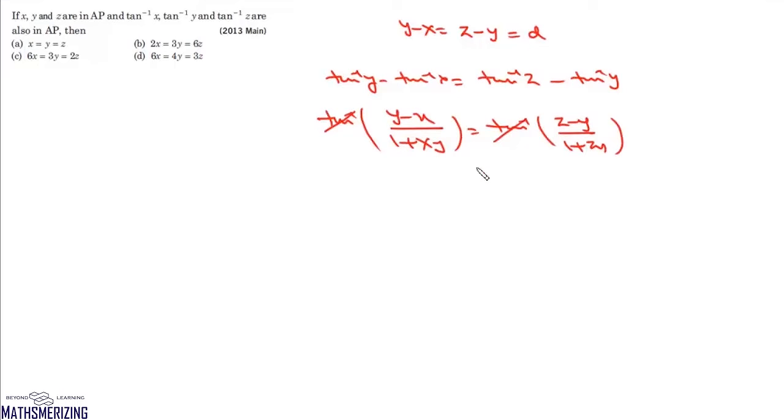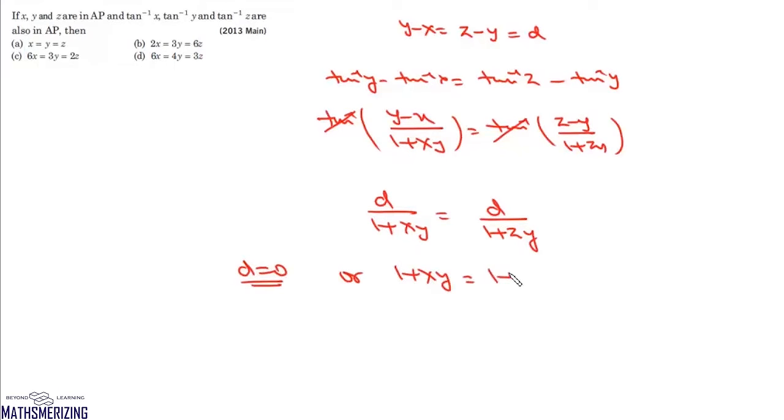Now we can cancel tan inverse. Now y minus x is d, and z minus y is also d. So we'll get d upon 1 plus xy, and it is equal to d upon 1 plus zy. So from here we'll get this condition: either d is 0 or 1 plus xy is equal to 1 plus zy. Now if d is 0, then basically x equals y equals z.